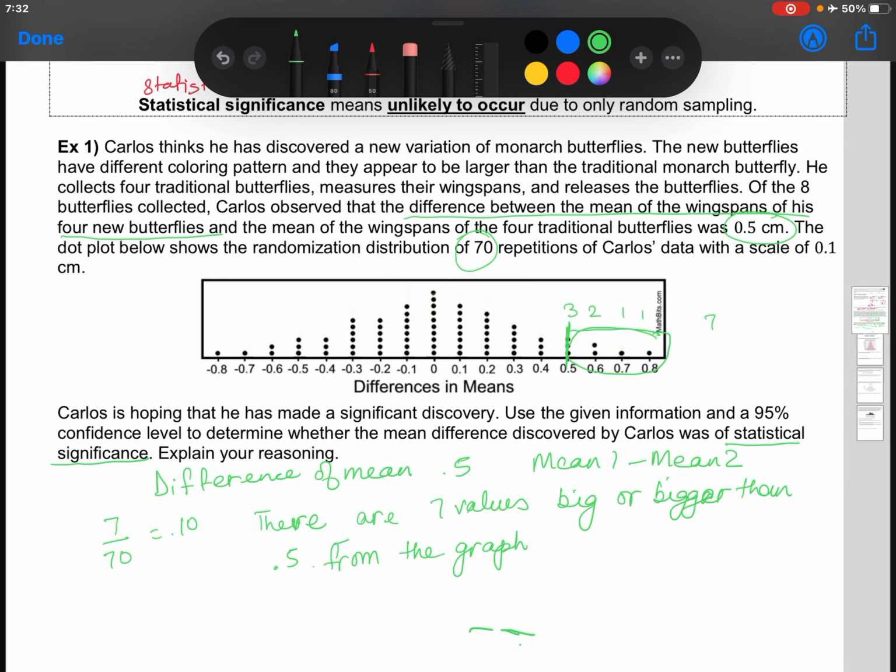I should have a capital F. From the graph, 7 out of 70 in the distribution. As I said, I'm going to keep it very straightforward. In the distribution is equal to 0.10 or 10%. Therefore, not statistically significant, right?